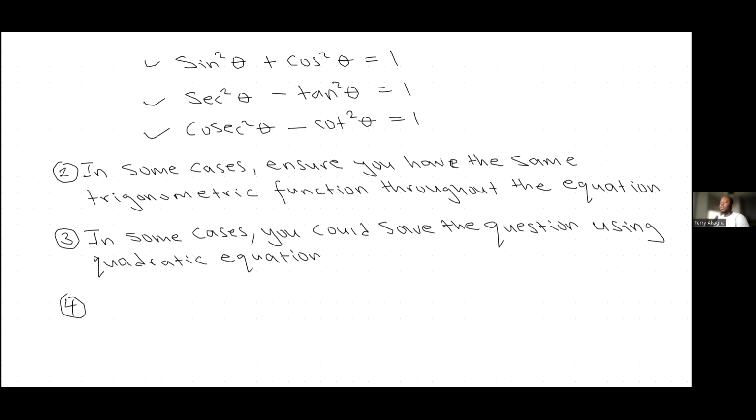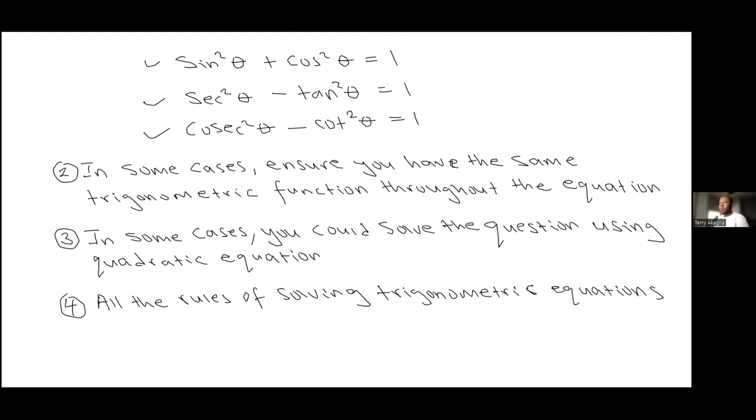So here, all the rules of solving trigonometric equations for both multiple and simple angles apply.